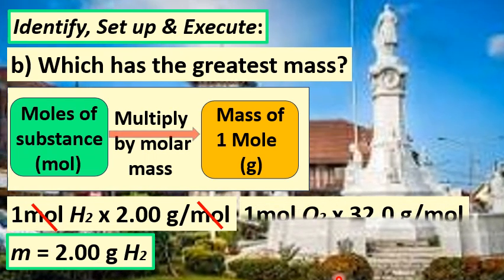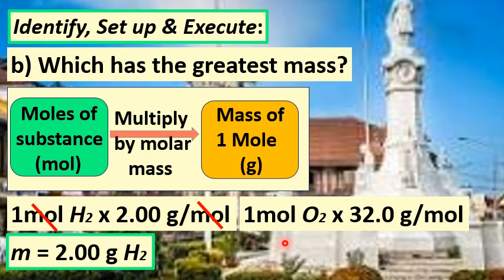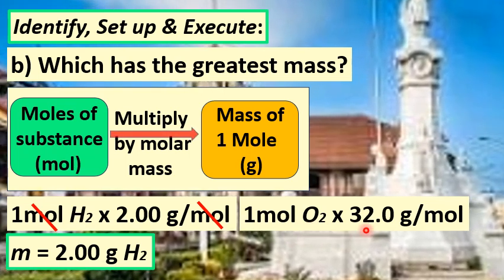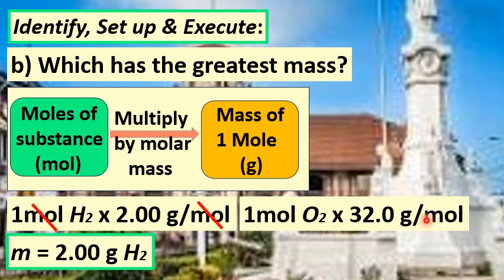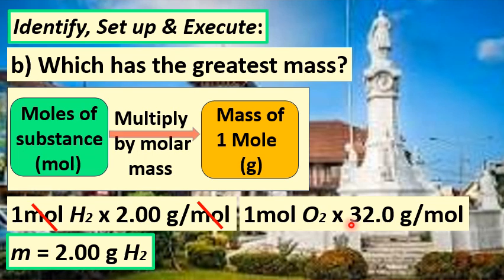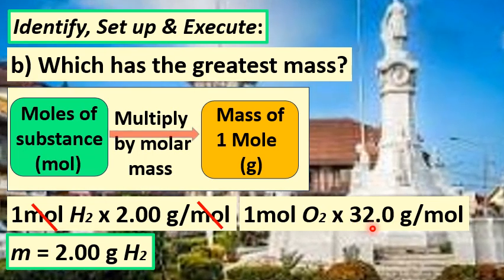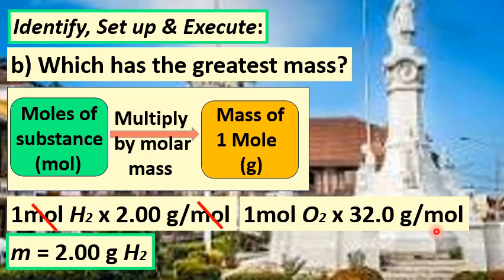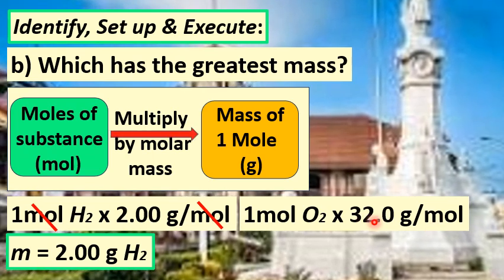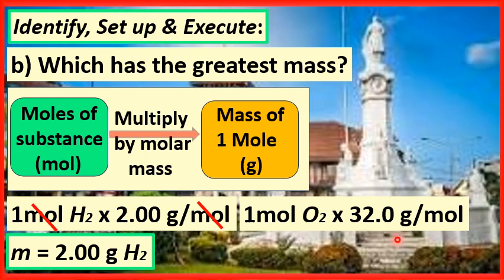Also, for the oxygen O2 gas, we multiply 1 mole of oxygen or O2 gas by its molar mass, which is 32.0 grams per mole. Why 32.0 grams? Because one oxygen atom has an atomic mass of 16.0 grams per mole, or to be strict about it, 16.0 atomic mass unit.